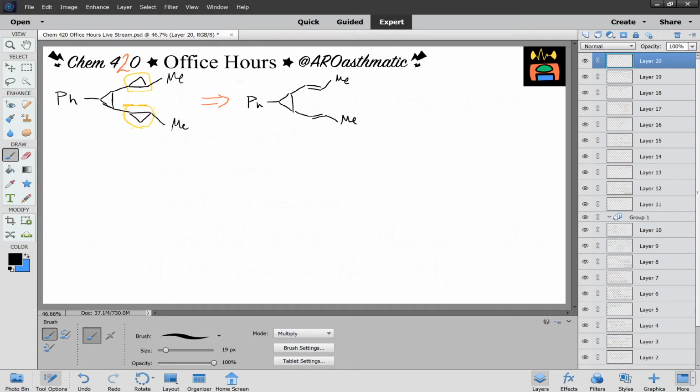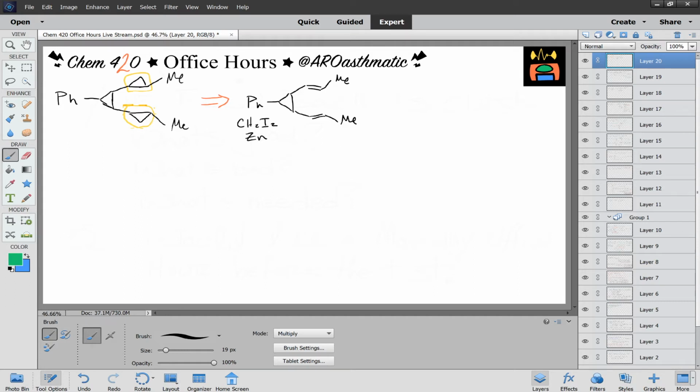The reagents here that we would add would be CH2I2 and zinc, which would do our cyclopropanation reaction. That's how we go from these alkenes to our cyclopropanes.